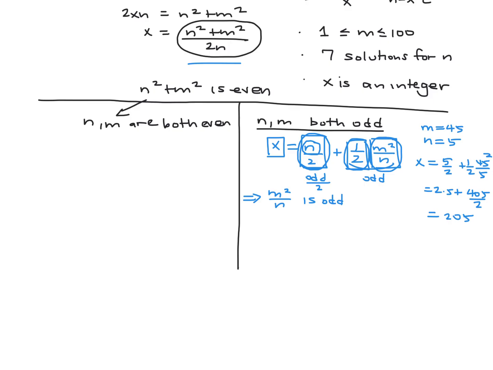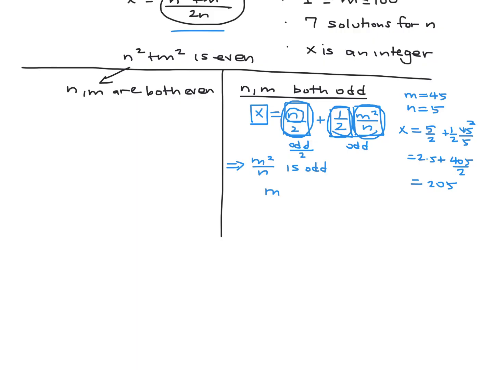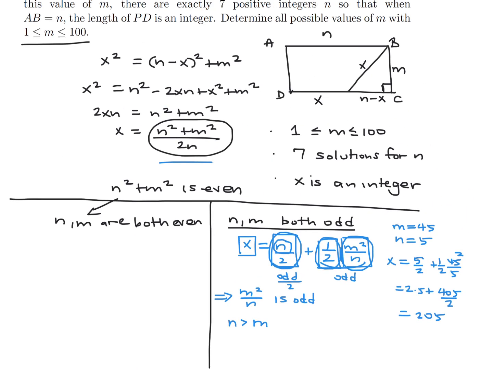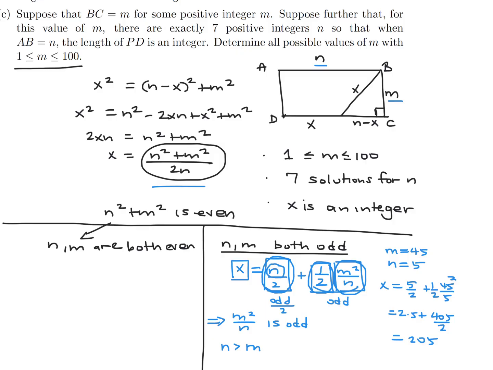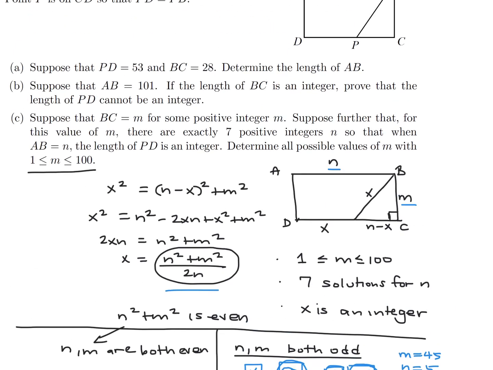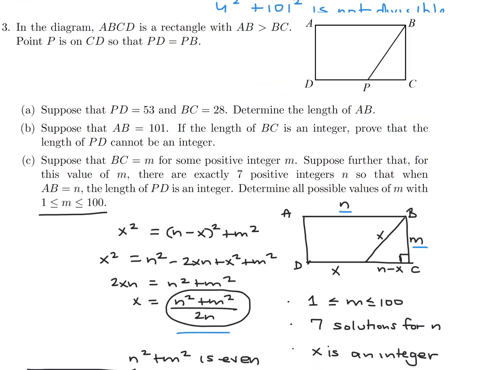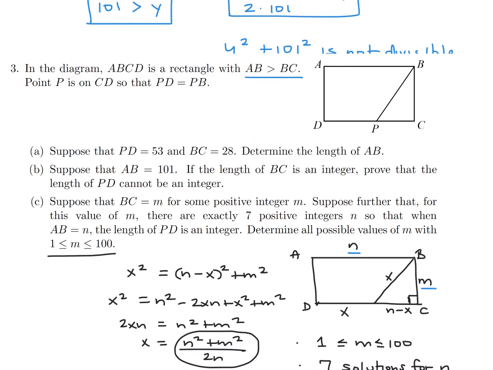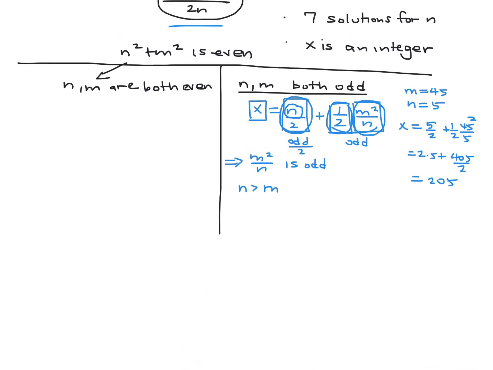And then let's remind ourselves of the fact that when you compare n and m, which one is bigger? n is greater than m, right? Because if you look at the diagram, this is n, this is m. And I think that was given somewhere up here. Yeah, way up there. So n is greater than m.